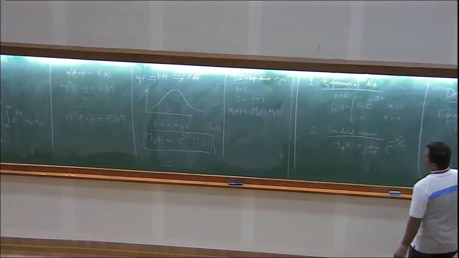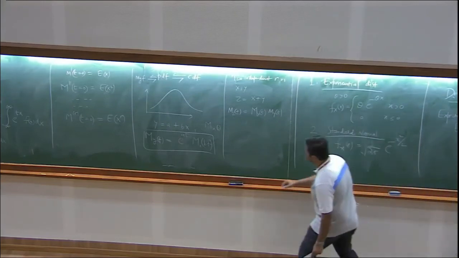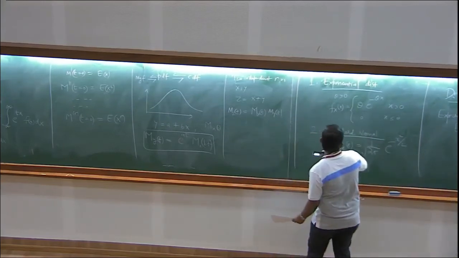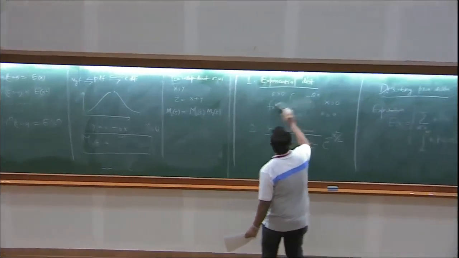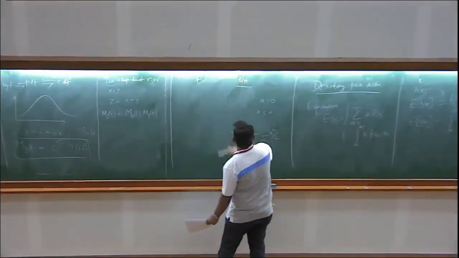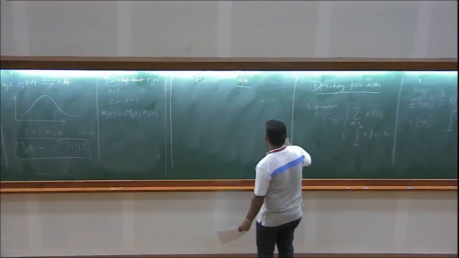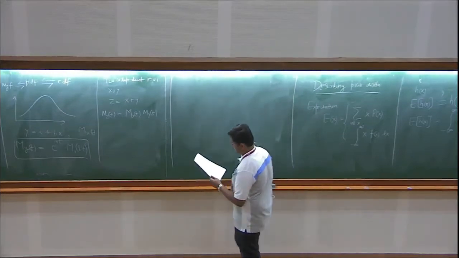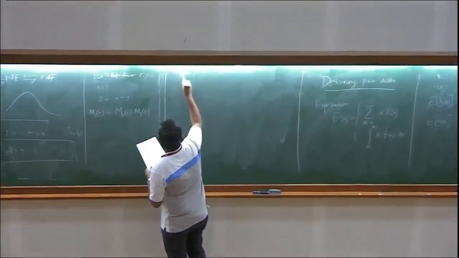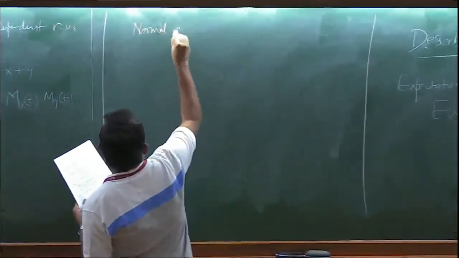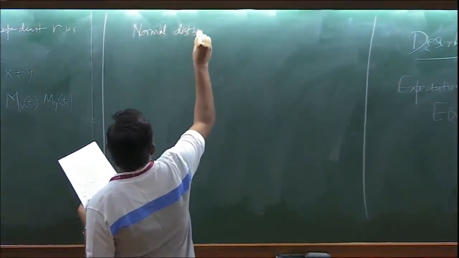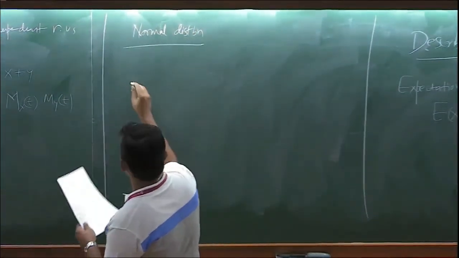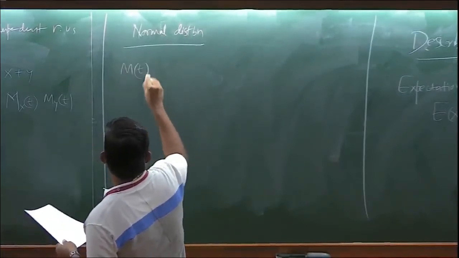As an example, work out the moment generating function of the normal distribution. For the standard normal distribution, what is the moment generating function?